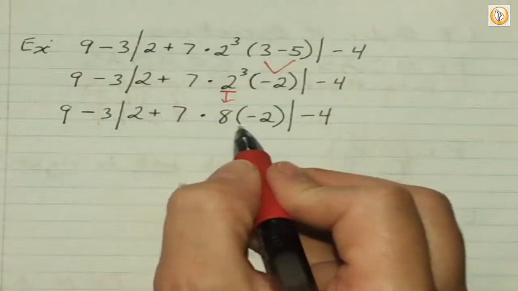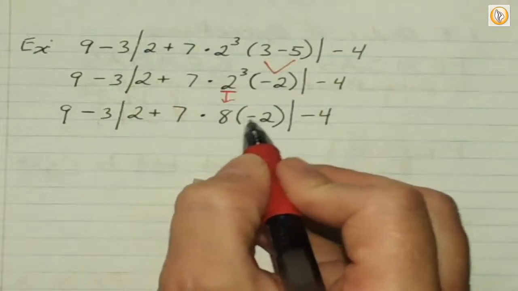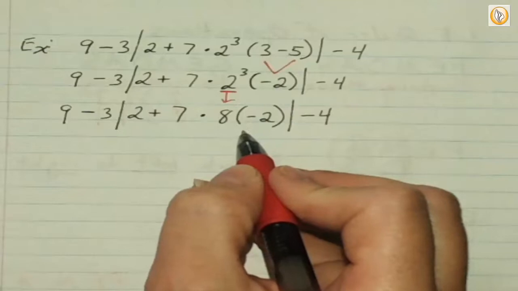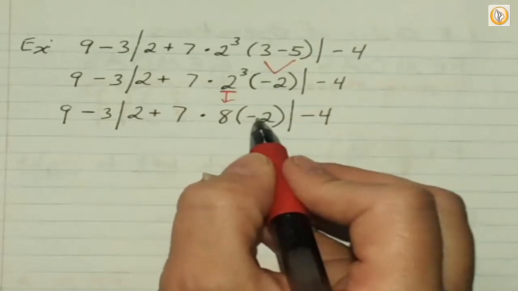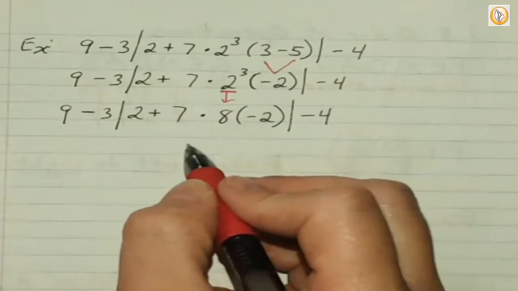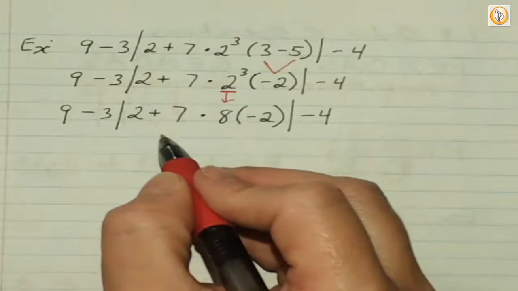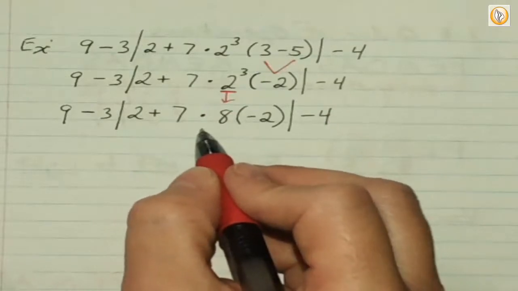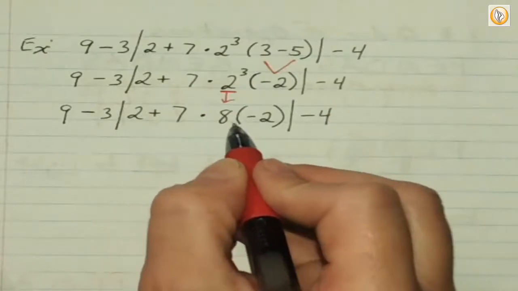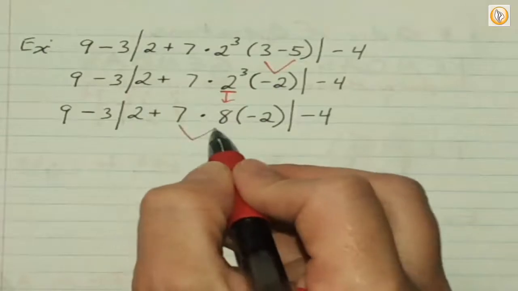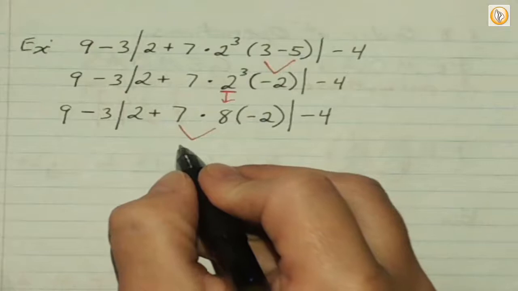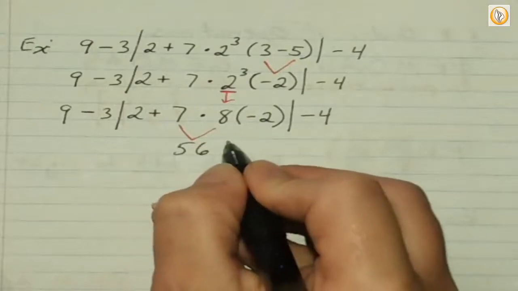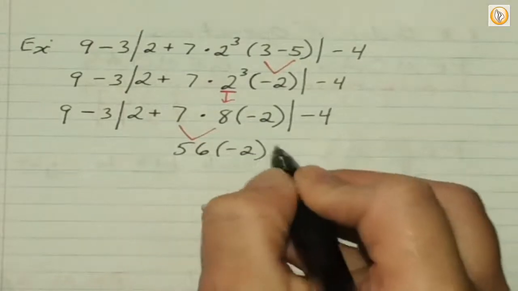Why am I not doing 8 times negative 2 if there's a negative 2 in parentheses? That's right. There's nothing to do in this parentheses. So now we move past that. We move past the exponents and we do PEMDAS and we work left to right. Here's multiplying and here's multiplying. We're doing that one first. What is 7 times 8? And I'm rewriting my problem.